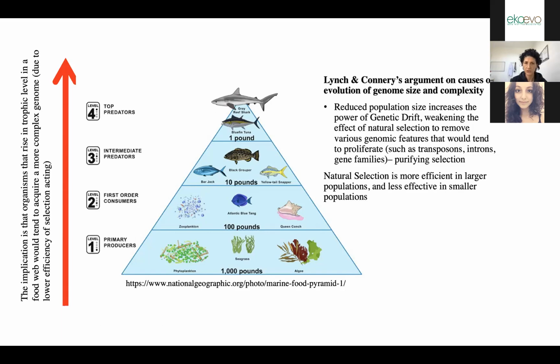Mostly we will see the genetic drift effect. When natural selection is less efficient, organisms can accumulate this non-coding part in their genome, so their genome size increases. So this is the argument.